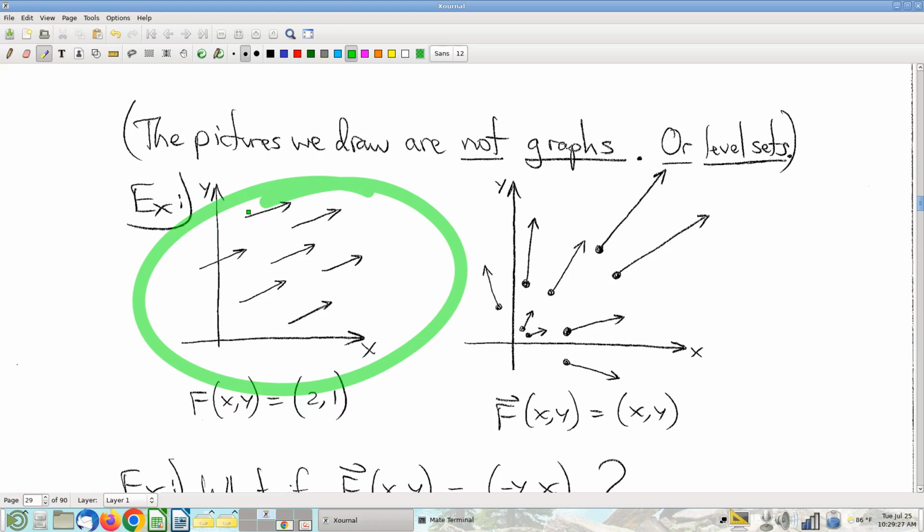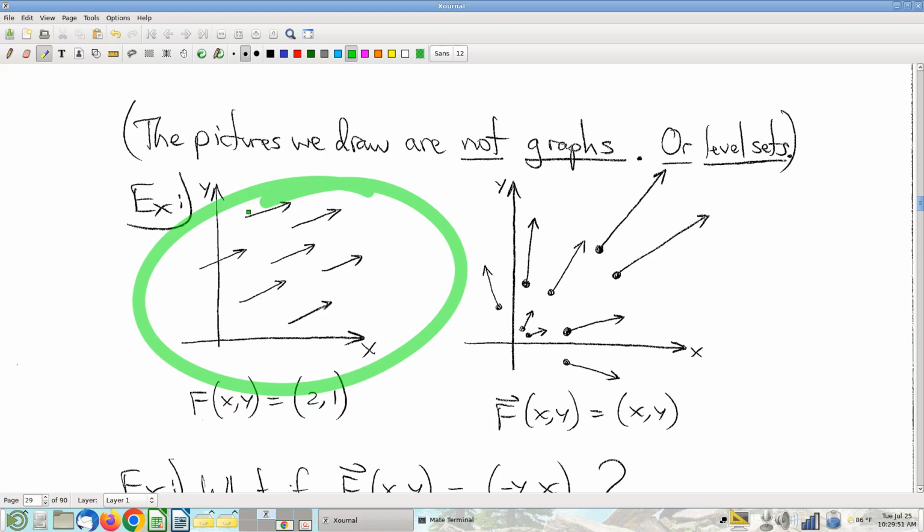And let's not forget the literal picture with the input over here and the output over there. We've seen previously 4 different kinds of pictures that all, in their ways, help me understand what a function looks like, at least in certain senses.